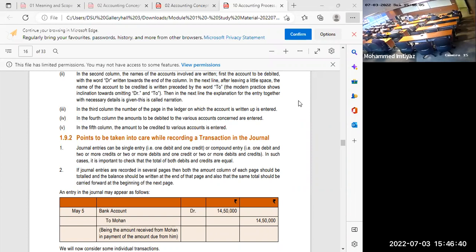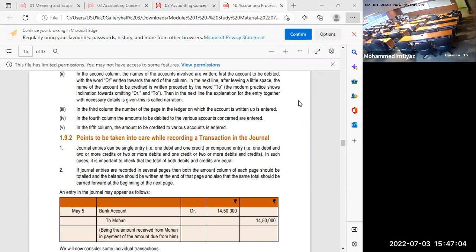Leave some gap and then start the next line. To capital account. Write it on the credit side, 90,000 total.